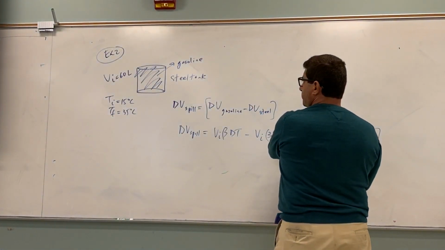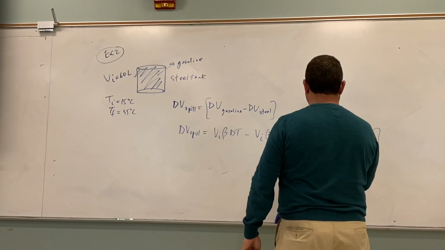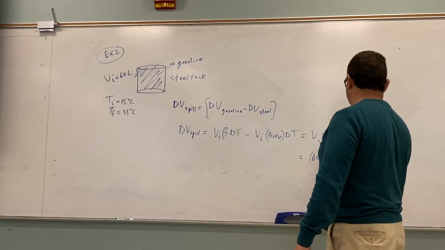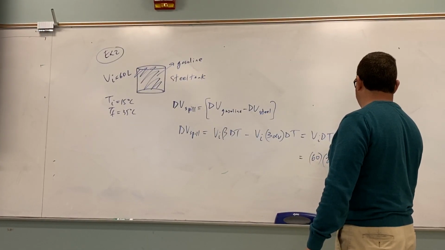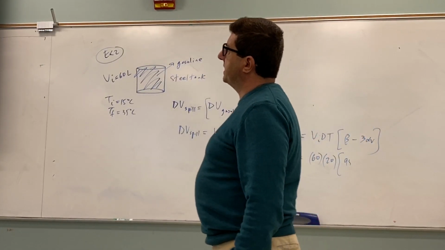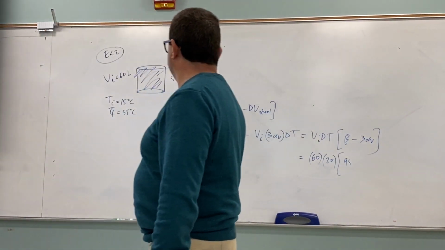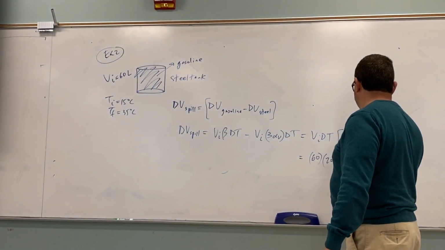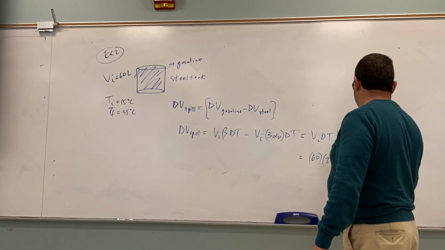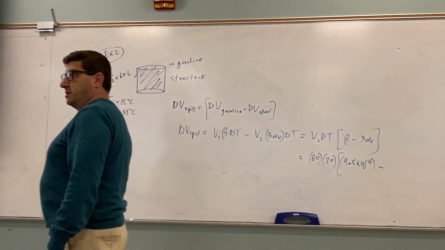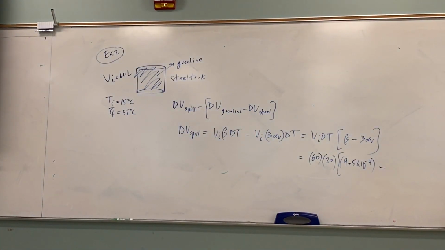So V initial is 60 liters. Change in temperature is what? 20 Celsius. Beta is 9.5 times 10 to the minus 4. Now for the steel, we're going to get the alpha of the steel.